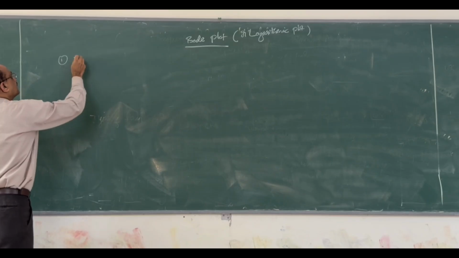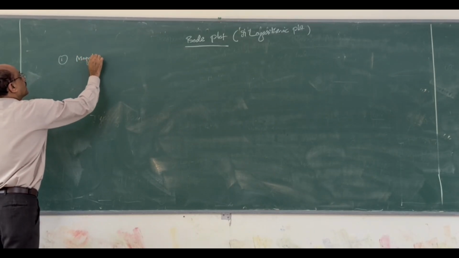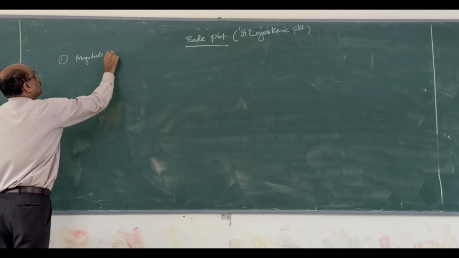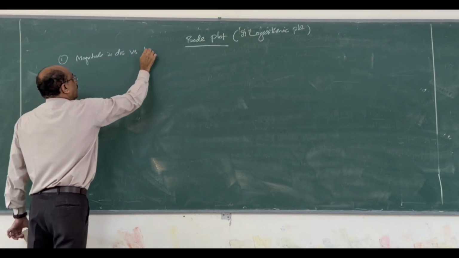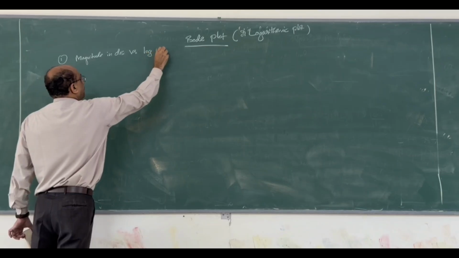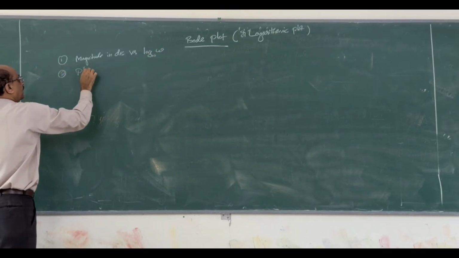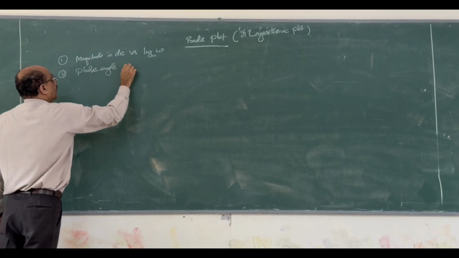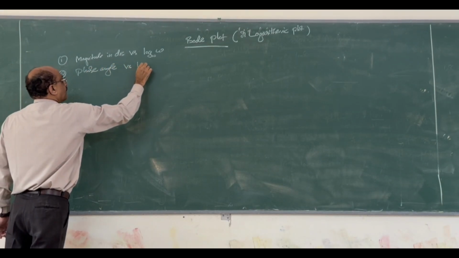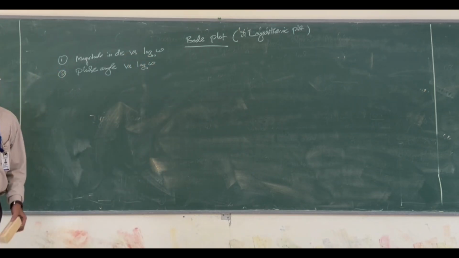Simply it is magnitude in dB versus log omega. Then the second plot is phase angle versus log omega.